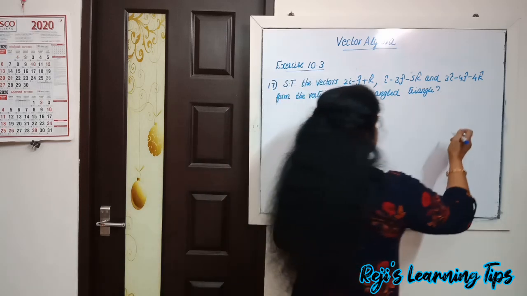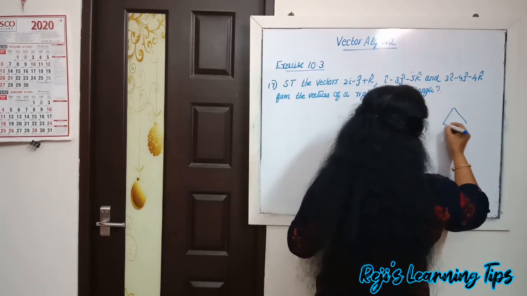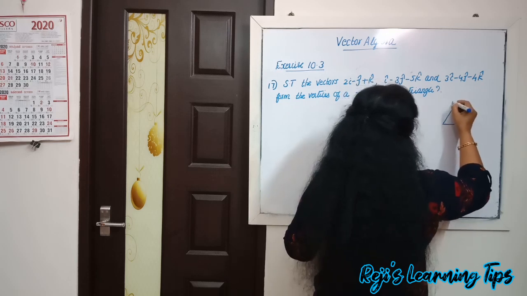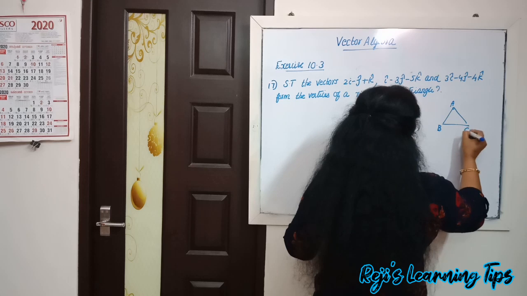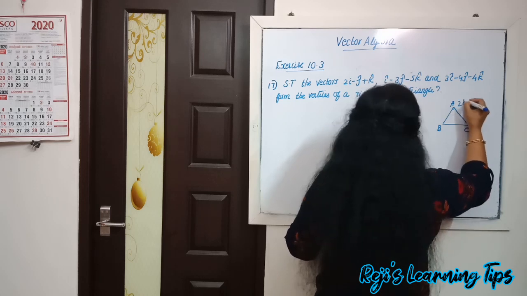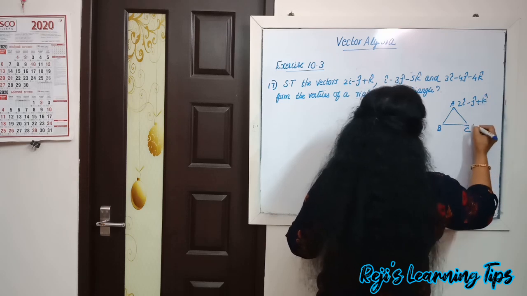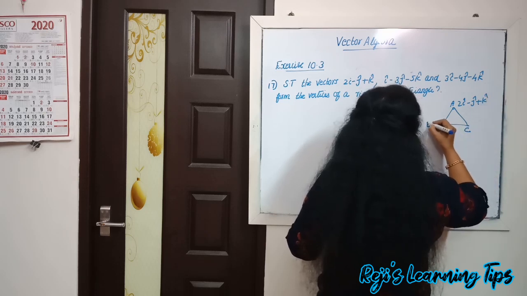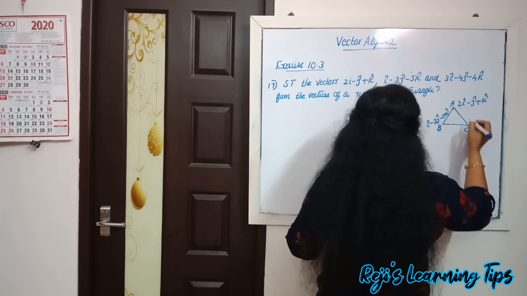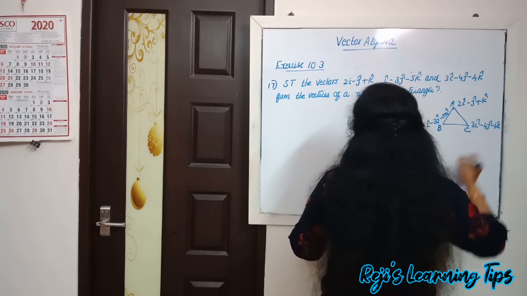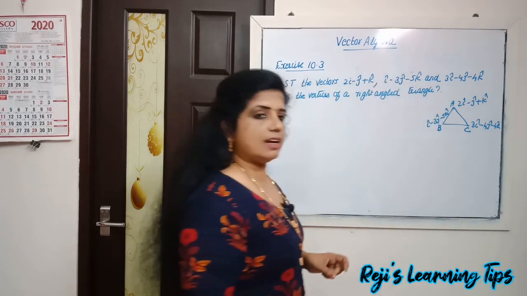We have to show that these three points, these three vertices A, B, C, where A is 2i cap minus j cap plus k cap, B is i minus 3j minus 5k, and C is 3i cap minus 4j cap minus 4k cap, form the vertices of a right angled triangle.